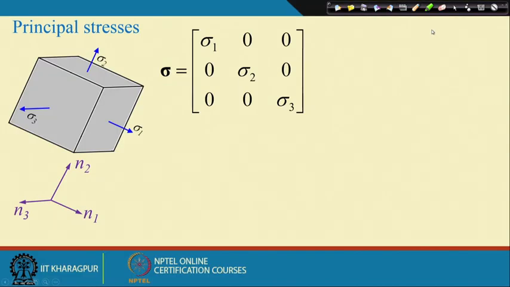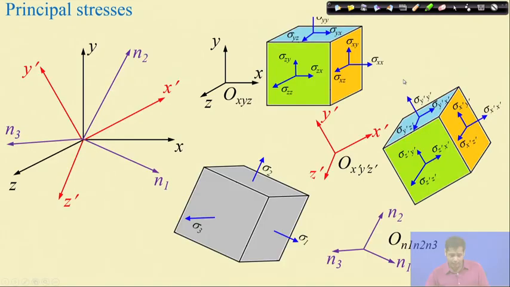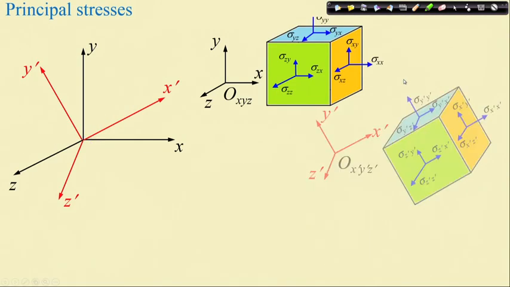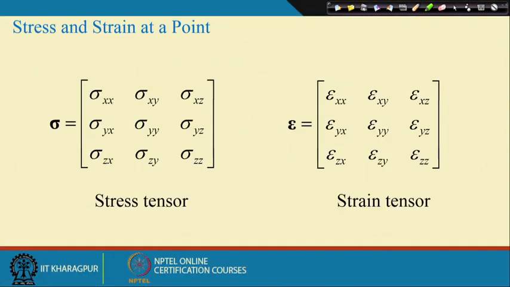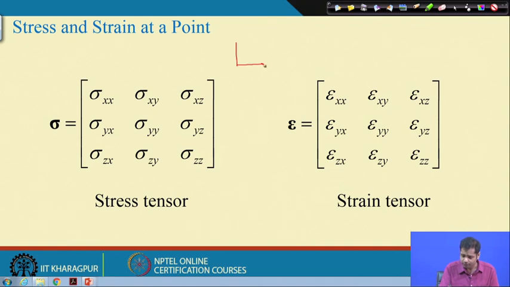So, as I said, this is the representation. If we represent stress like this, this is with respect to a given coordinate system, right? This is x, then y and z. Okay.